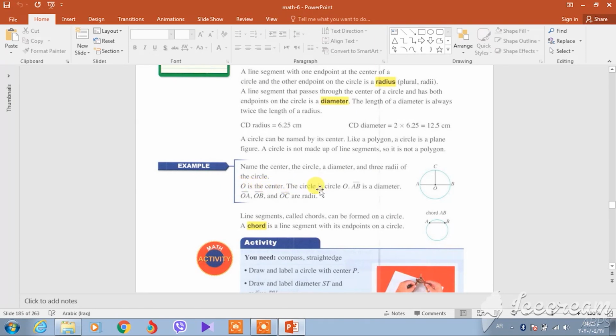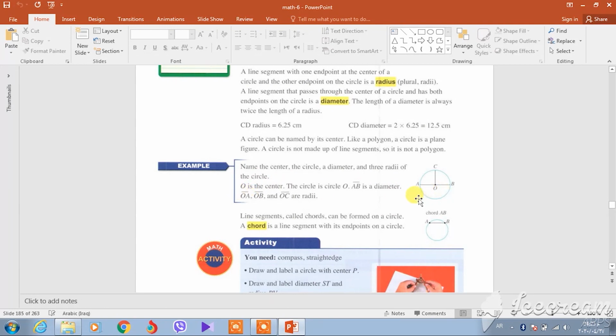The circle is called circle O because it is named by the center point. Line segment AB is a diameter because it passes through the center point.